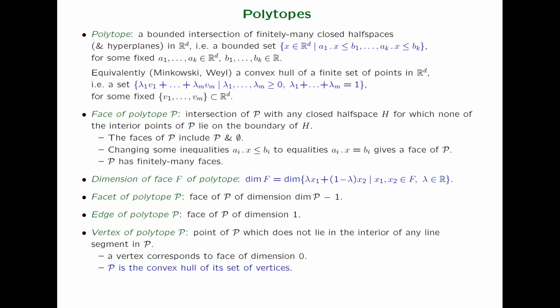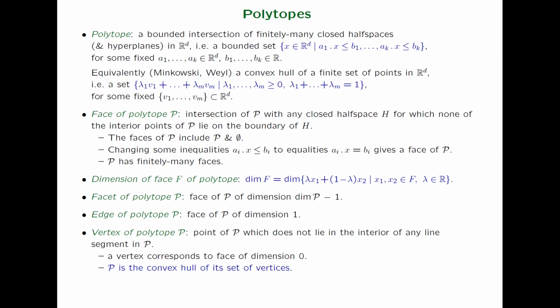In the first part of the talk we're mainly going to be interested in faces and vertices, so let's just talk about those. A face is an intersection of the polytope with a closed half space. Well, the definition is there, for which none of the interior points lie on the boundary of H. So effectively, you've got some closed half space, and you've got the polytope, let's say, here, and then this intersection here will be the face formed by that particular setup.